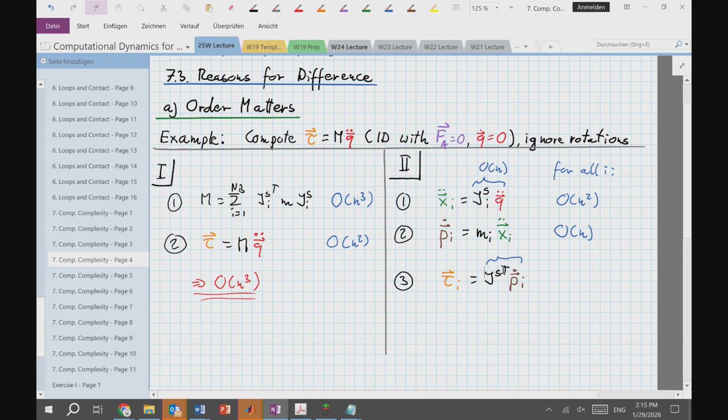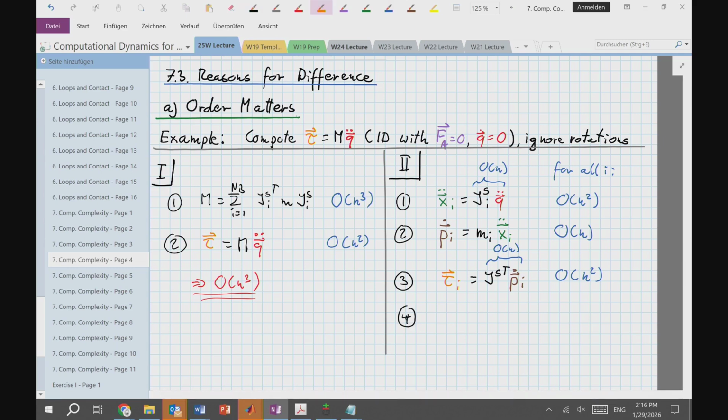The row has 3 elements, so that's constant time, but I have to do this for each of the nq rows. So this multiplication by itself is order n. It's, in a sense, a vector times a scalar, just that we're basically taking 3 vectors multiplying with 3 scalars, the 3 elements of pi. But then, of course, I have to do this for each body. So there's another for loop, and I get an overall computational complexity of order n squared.